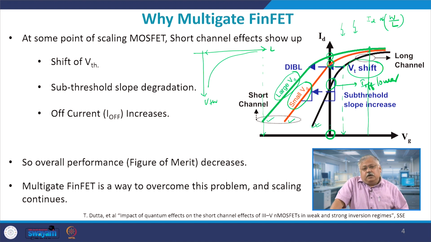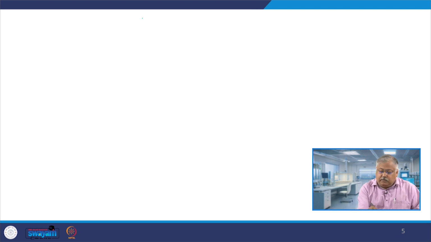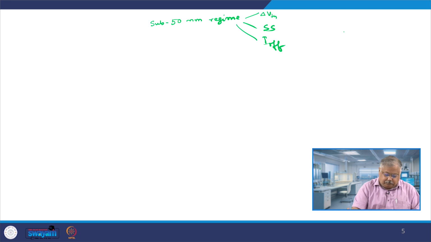One way of overcoming this problem is what is known as a FinFET, right. So I will just explain to you what FinFET is all about and then show you the structure of the FinFET. Typically many papers have reported that if you do this scaling in the sub 50 nanometer regime, then the conventional MOSFET, as I told you, will face many difficulties like delta Vt, subthreshold slope, Ioff, which we have already discussed till now.